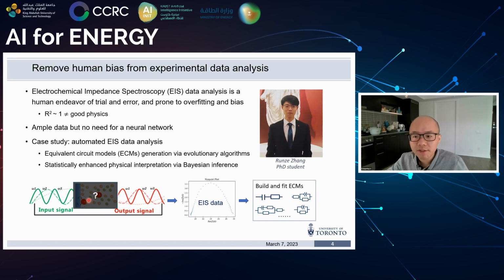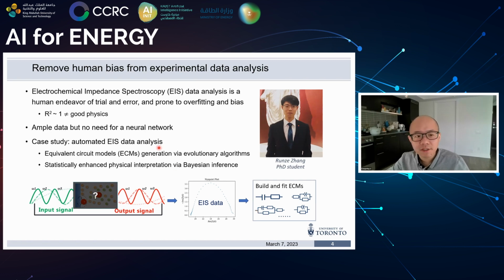EIS is a characterization method widely used in electrochemical analysis by applying a small perturbation on the system and measuring the corresponding response. We can obtain the information of the system through the impedance spectrum. Typically, the EIS data is interpreted using an equivalent circuit model.